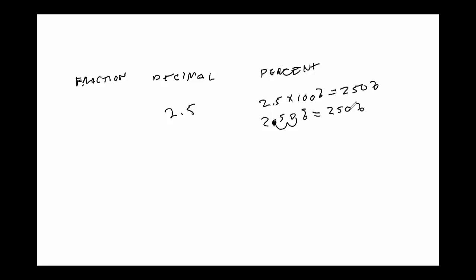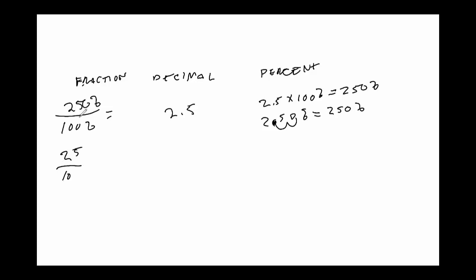Now we want to put it in terms of a fraction. So if we put it in terms of a fraction, we can take our percent definition as we had before, 250% over 100%. And if we do that and we reduce that, we can get 25 over 10.